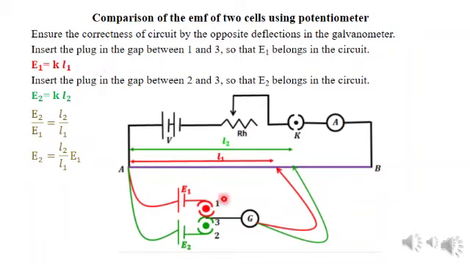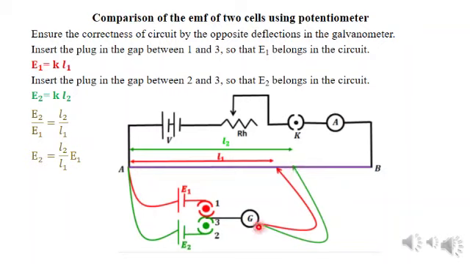Now, remove the plug from gap 1 and 3 and insert the plug in the gap between 2 and 3 so that E2 belongs in the circuit. Move the jockey over the potentiometer wire from end A till the galvanometer shows null deflection.